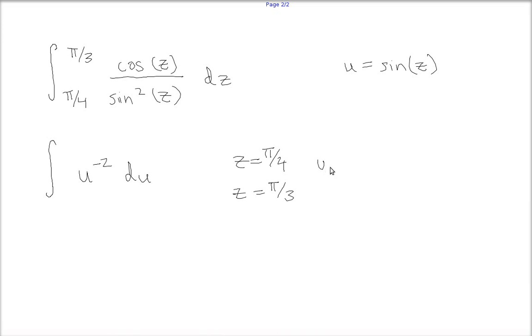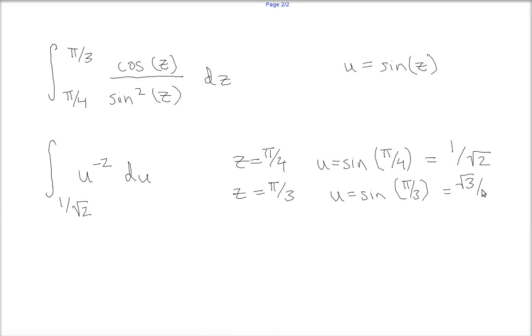Now when we switch over to u, u is sine of z, so for the lower limit we're going to have sine of pi over 4, which is 1 over square root 2. So I'll just write that in over here. And for the upper limit, we have u is the sine of pi over 3, which is root 3 over 2. So we'll write that over here.